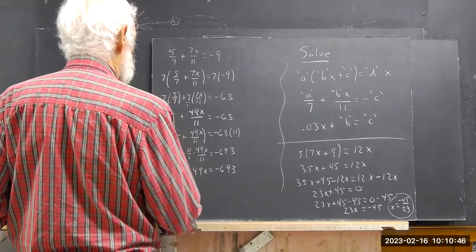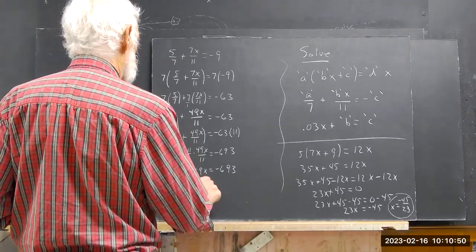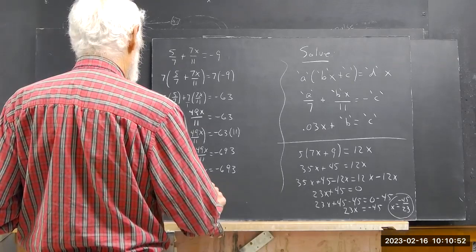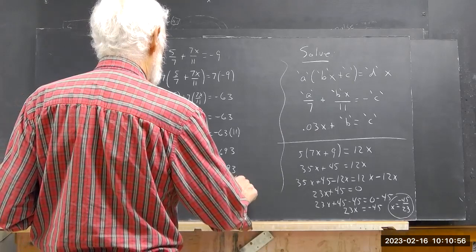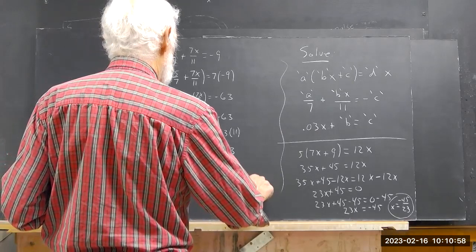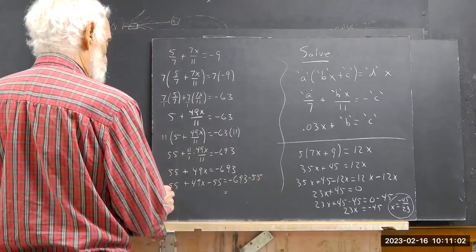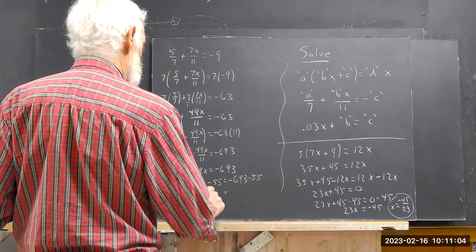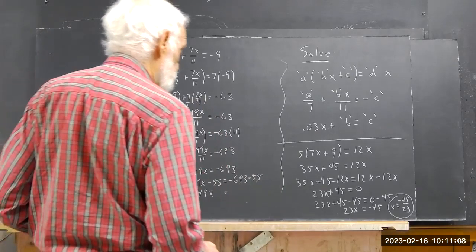Okay, so now it's going to be 55 plus 49x. We're going to subtract 55 from both sides. On this side, you're going to get 55 minus 55, that's 0, leaving 49x.